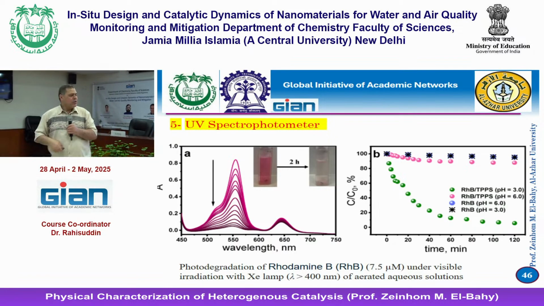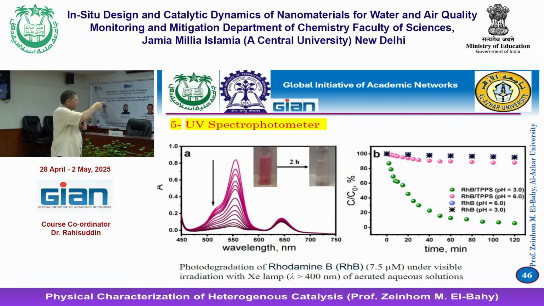You will make your experiment, take your sample, and add the dyes. Of course, the dye will be colored like the left one, and you check the light and how much absorbance it has. It will be very high. Then you add your catalyst and stir for some time interval of 1 minute or 2 minutes or 3 minutes.